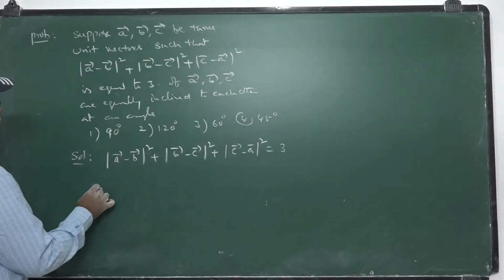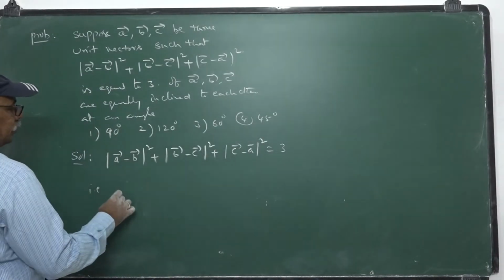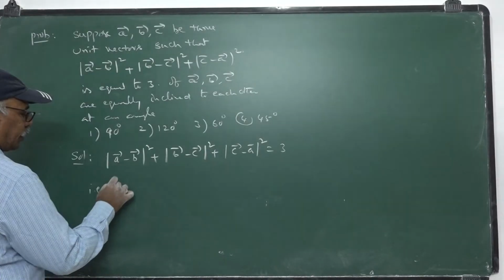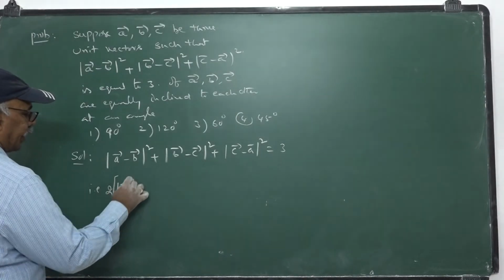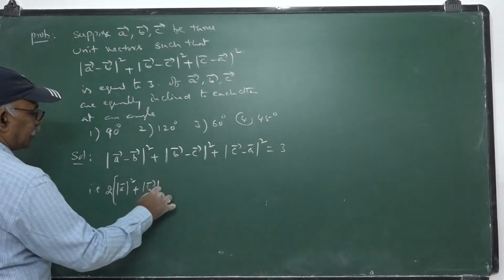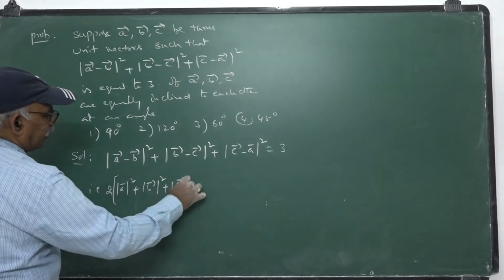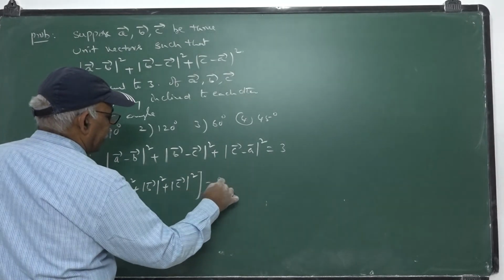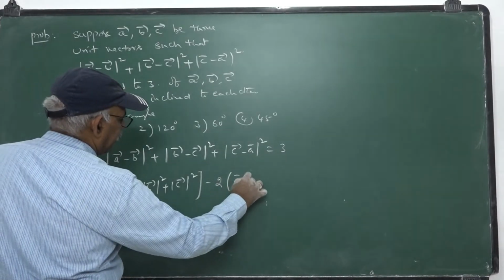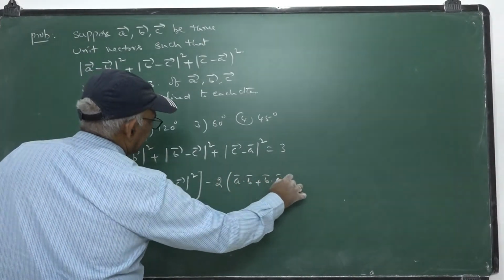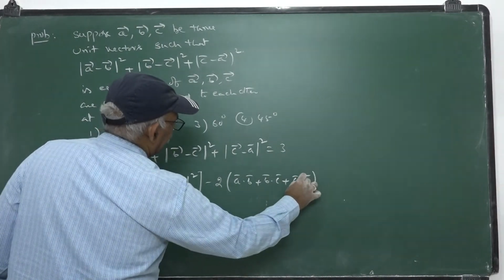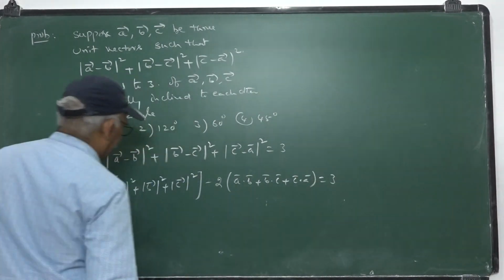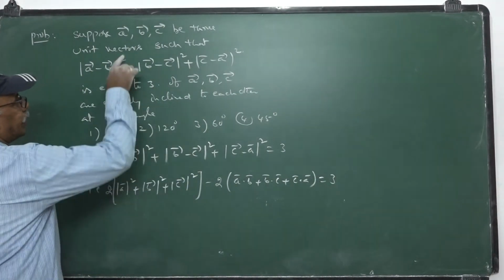That is, twice mod A square plus mod B square plus mod C square on expanding this one, minus 2 into A dot B plus B dot C plus C dot A is 3. But these are all unit vectors.